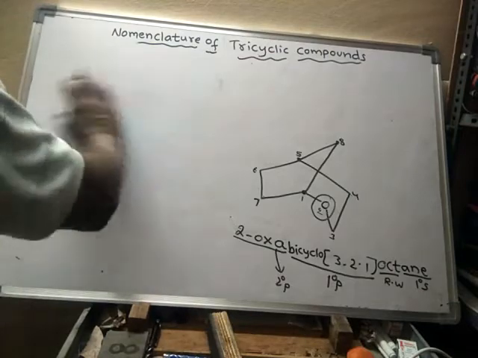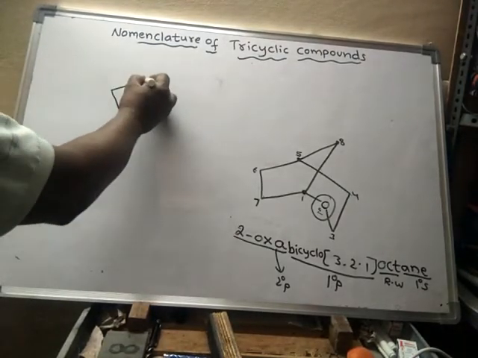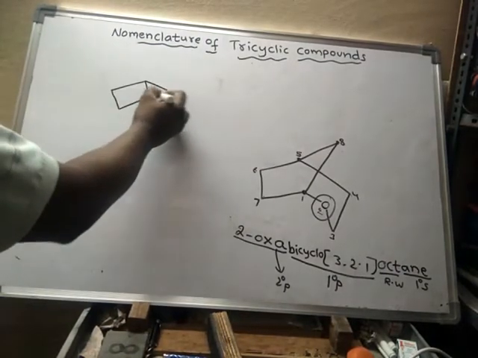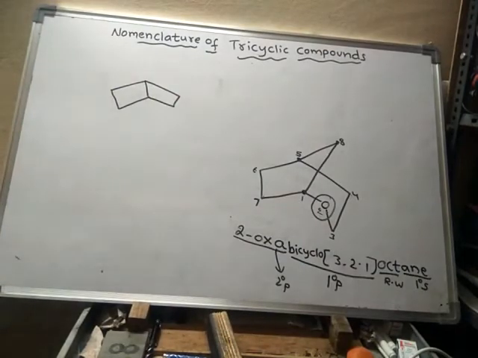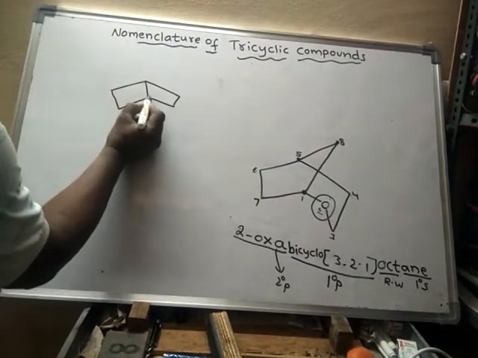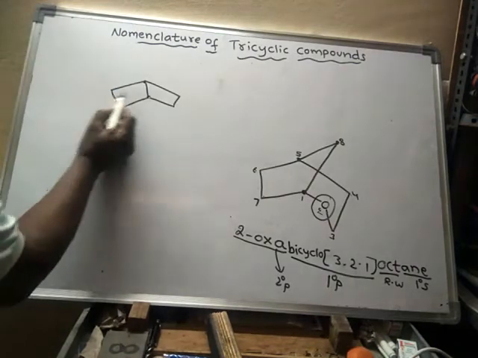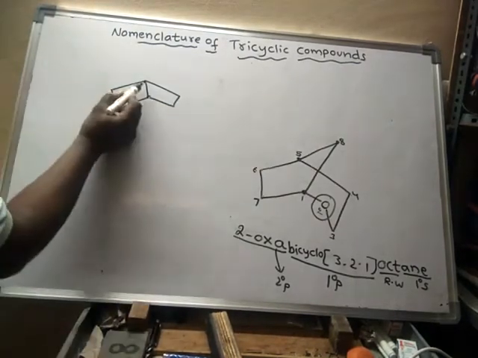For example, there is a bicyclic compound like this. That means here two carbon atoms are shared. So how many links are there? One link, second link, and this is the third link.